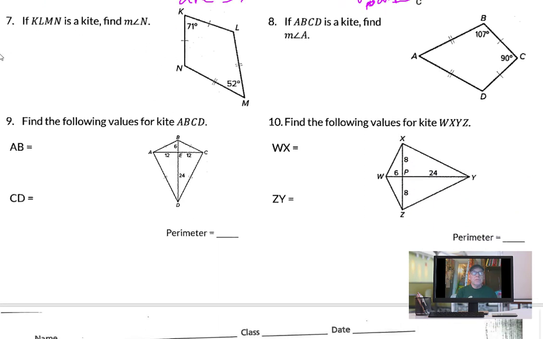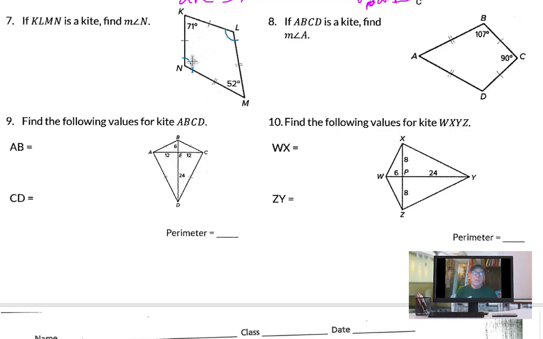So if KLMN is a kite, find the measure of angle N. Because this is a kite, we know that these angles are congruent to each other.